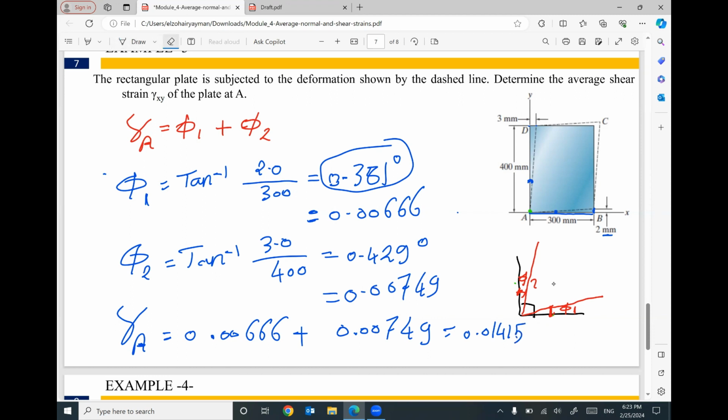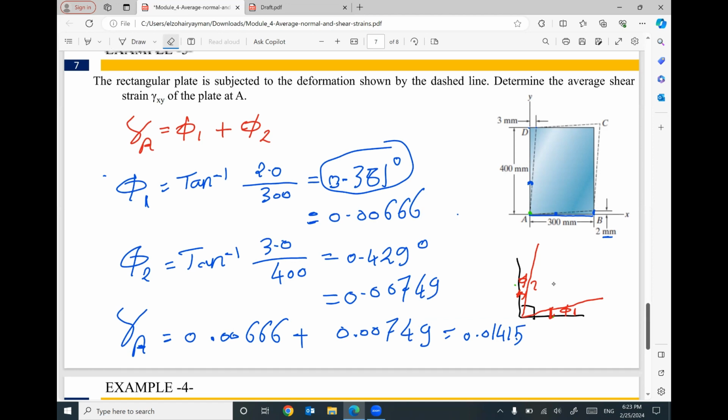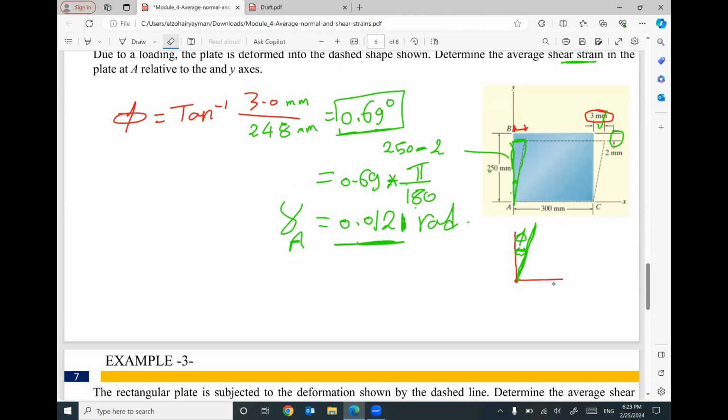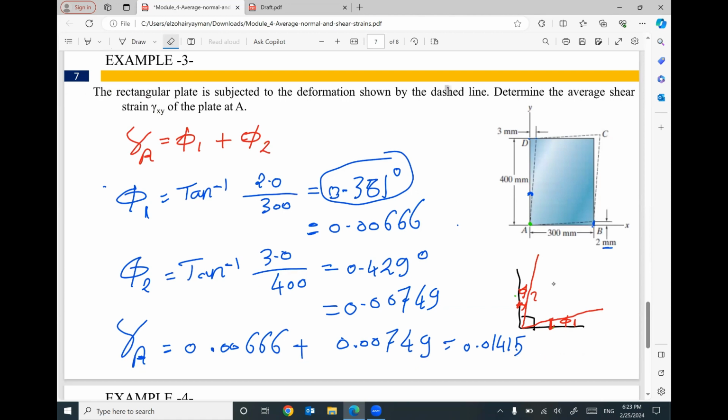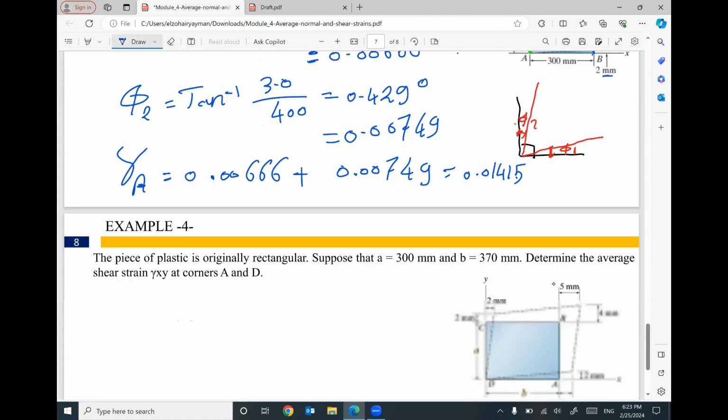That makes sense. This is how to figure out the shear strain at any corner. Originally it was a right angle, but after deformation, we have a change in the angle. Sometimes the change is on one side, like this one, sometimes the change is in both angles, like this one and this one. We have one more example.